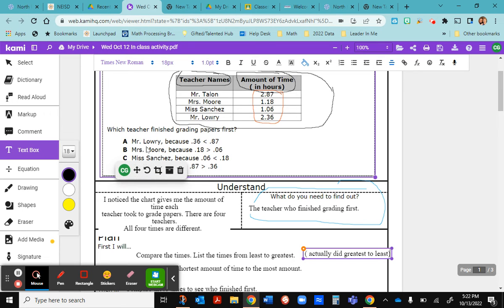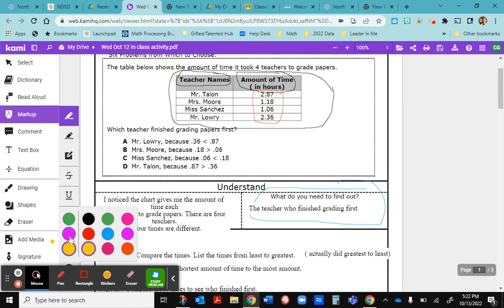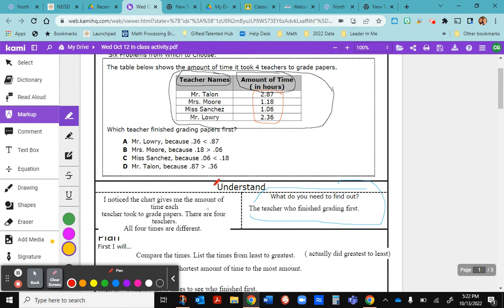So now, based on this information, let's go ahead and look at what we've got. Let's look at our first answer choice. It said that Mr. Lowry finished first because 36 hundredths is less than 87 hundredths. Well, that is true, right? Let me come over to this part here.